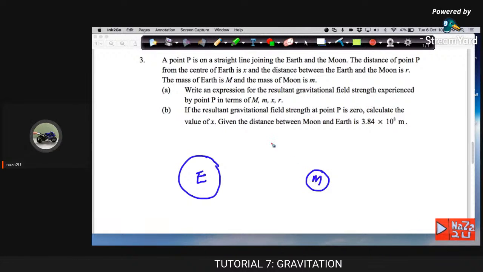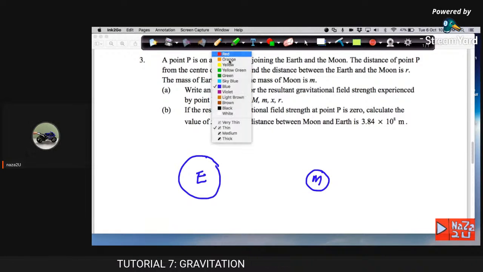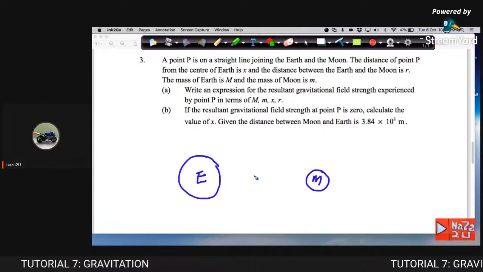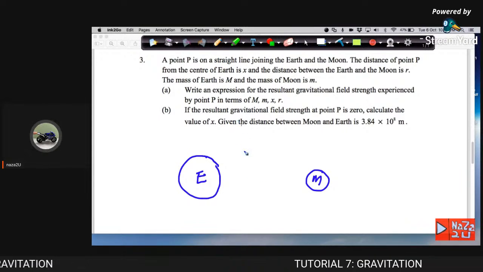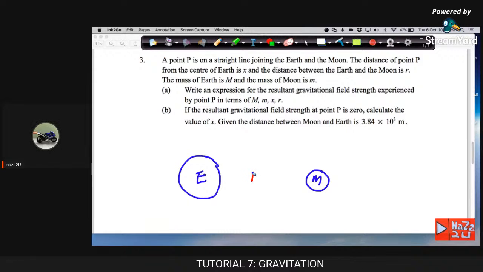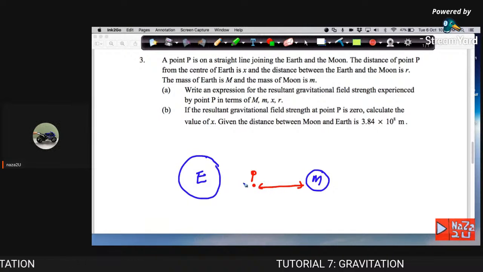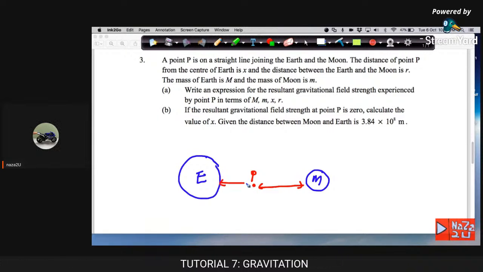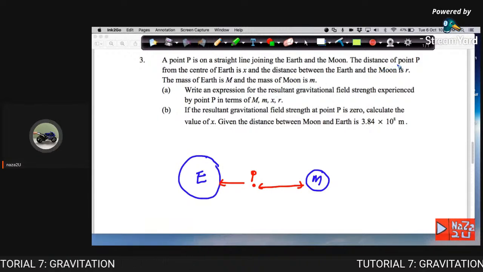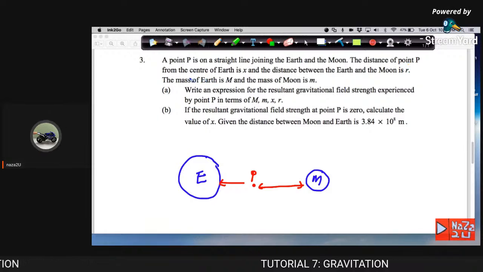This is Moon, and we have point P between the straight line join the Earth and Moon. So this is a point P. Let's say the point P here. So we have a distance here between E and Moon, M. And the distance from point P from center of the Earth is X.